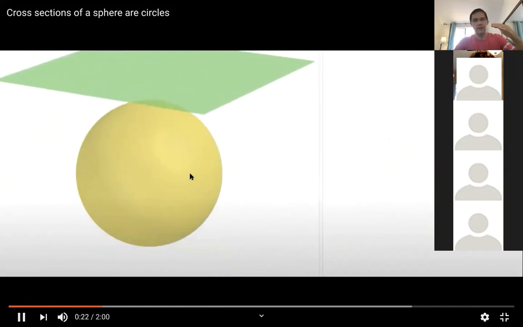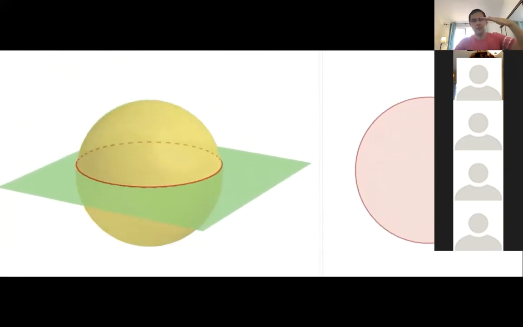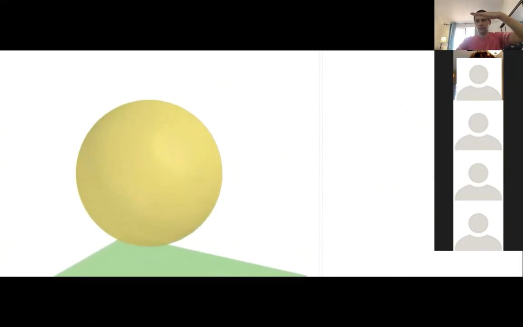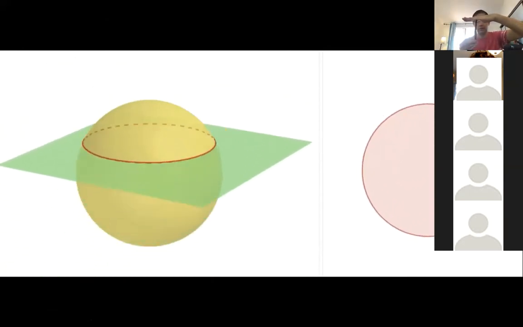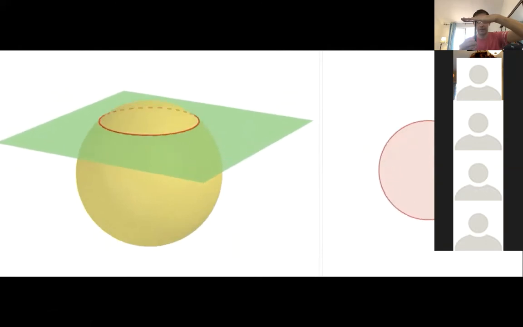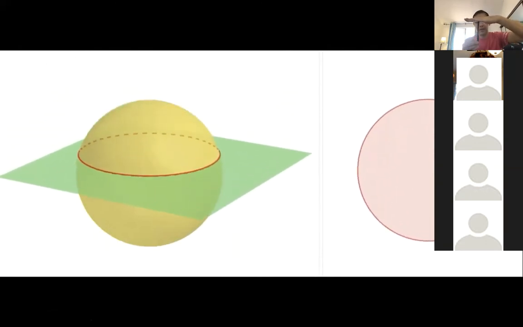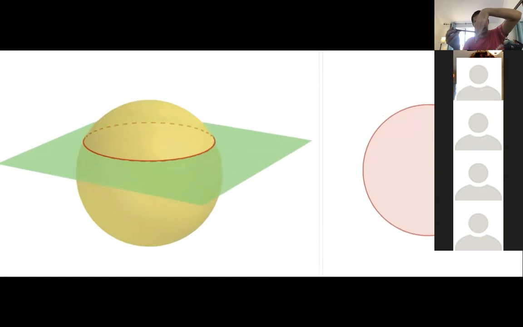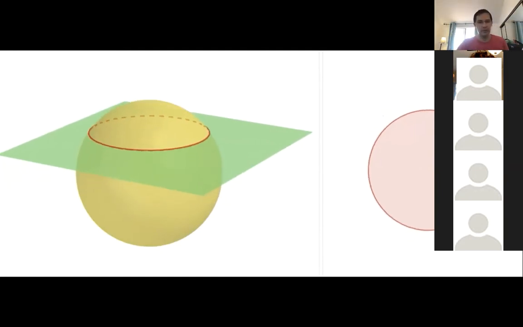And this plane is now perpendicular to the y-axis. We can do the same, and we can change this, and the plane will be orthogonal or perpendicular to the x-axis. We can do this as well.